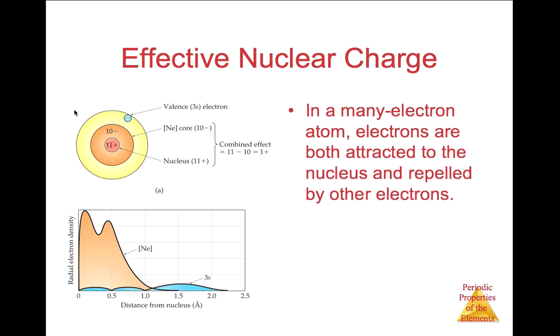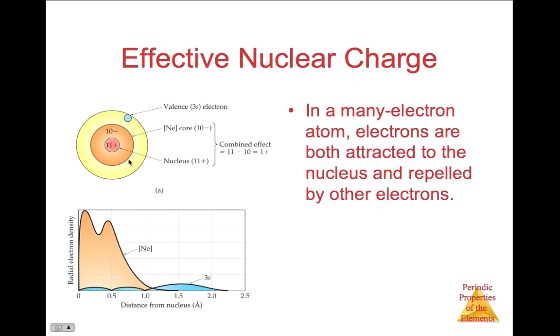Each electron sees or is attracted to an individual proton inside the nucleus. And you can think of it as a one-to-one electron to proton attraction. The problem is that not every electron has a clear view to be attracted to a proton.